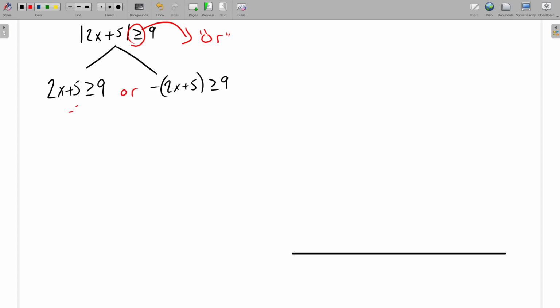The one on the left, we subtract the 5 over, leaving us with 2x is greater than or equal to 4, and then divide by the coefficient in front of the x, leaving us with x is greater than or equal to 2. The one on the right, we're going to distribute this negative sign through, giving us negative 2x minus 5 is greater than or equal to 9.